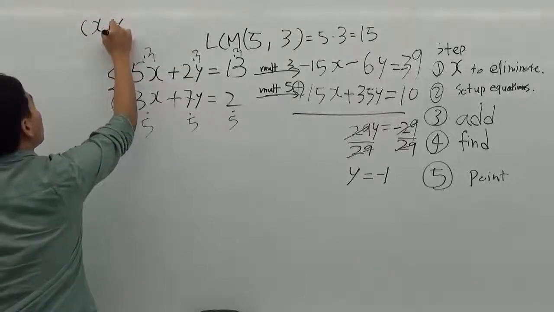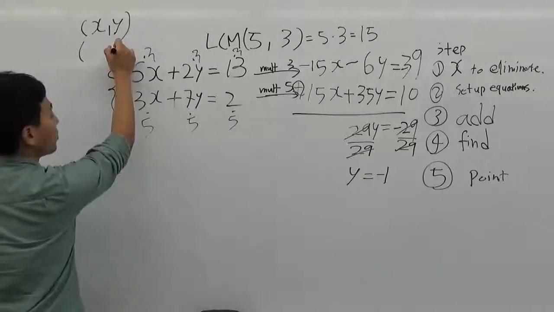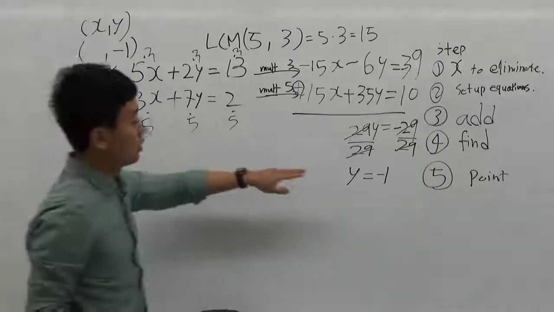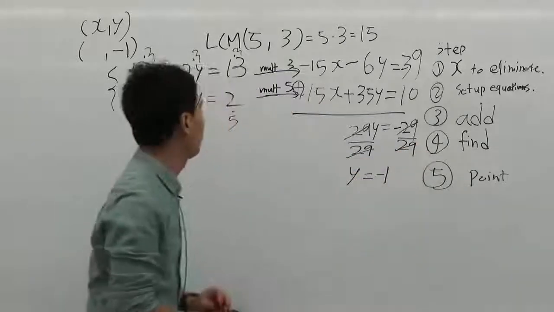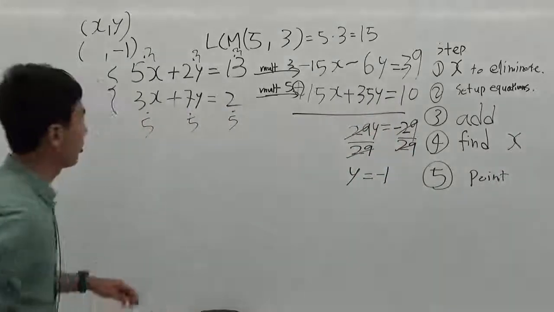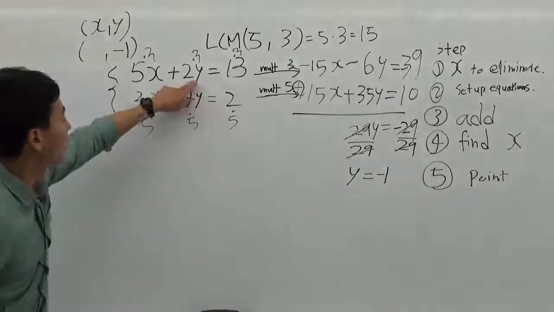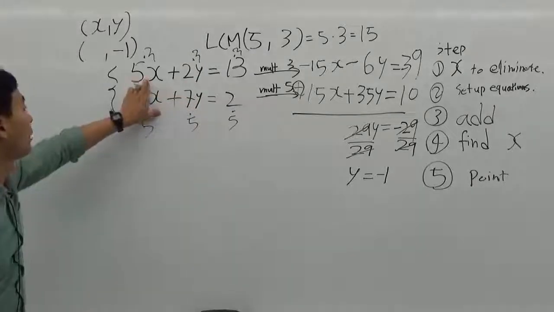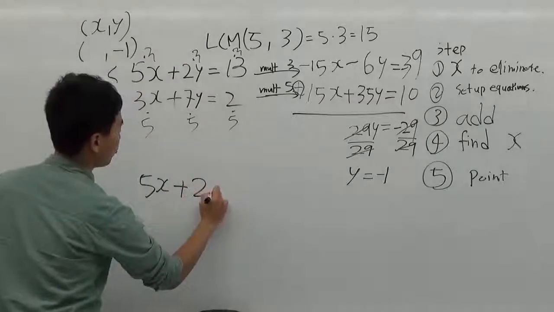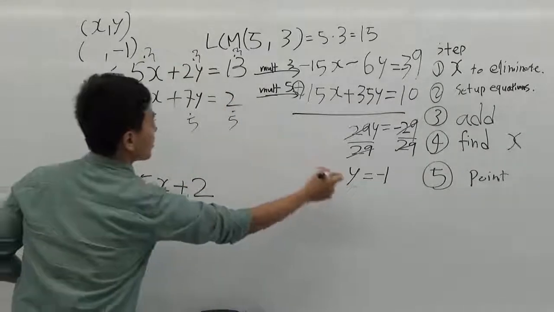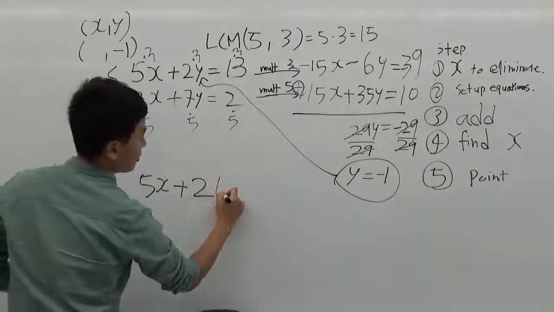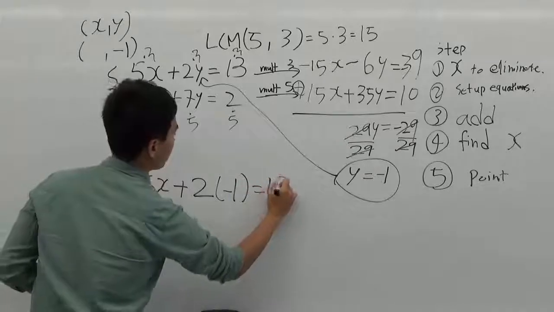So we know our answer will be a point, x comma y, where y will be -1. So we have to find the x. That is step 4. We have to find the remaining variable, which is x. I will plug in -1 for y in the two equations. Then it will be 5x plus 2 times negative 1, because our y is negative 1, equals 13.